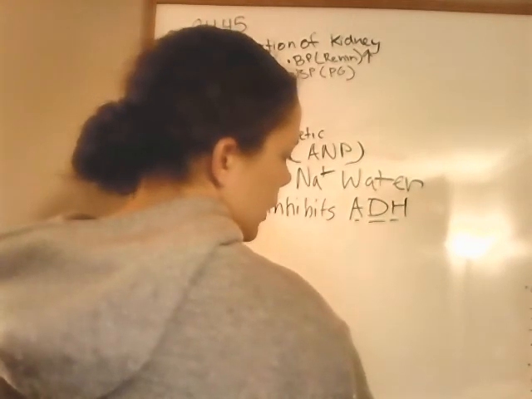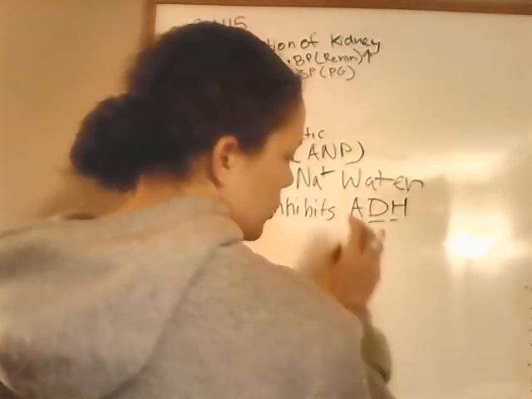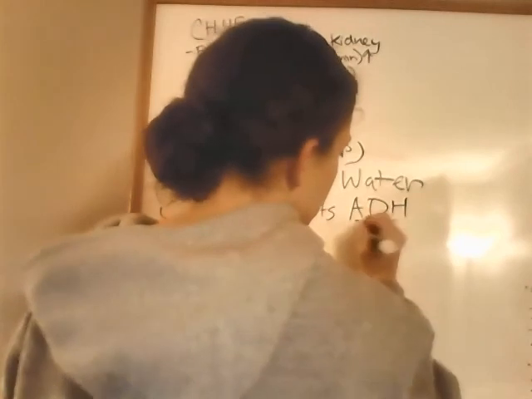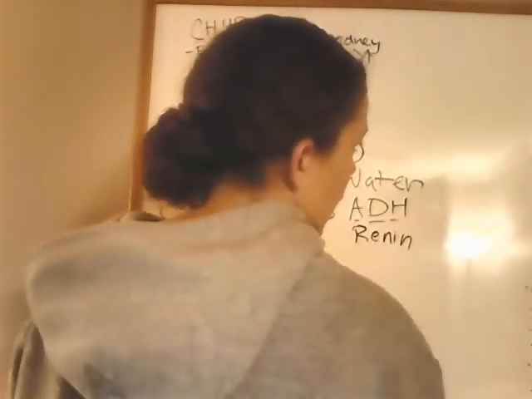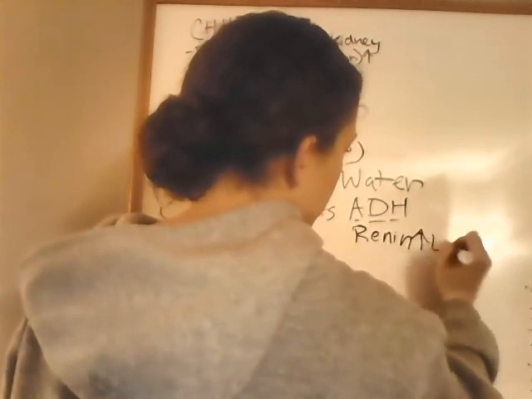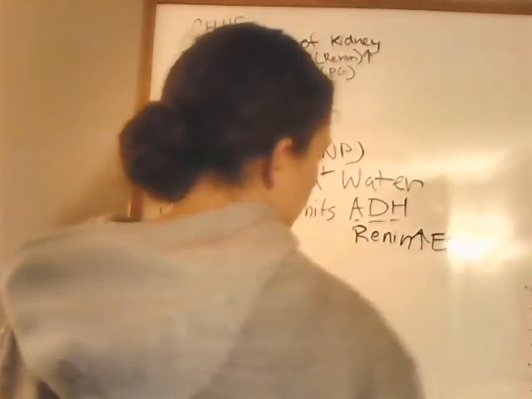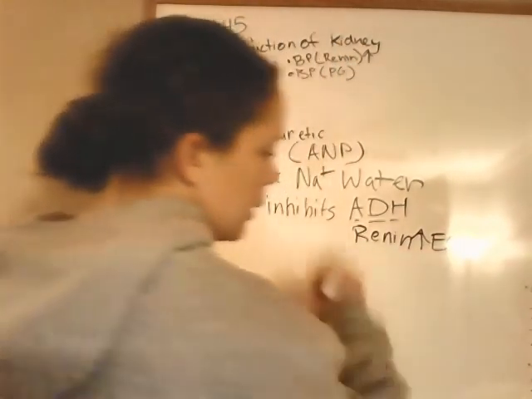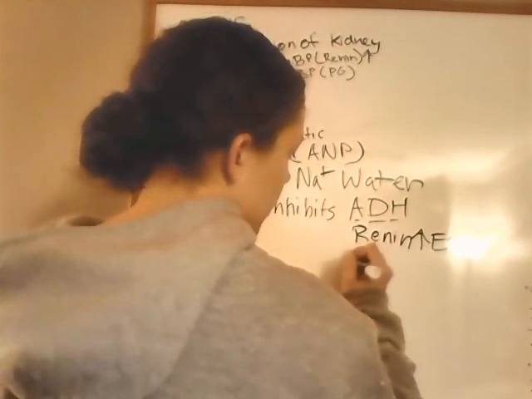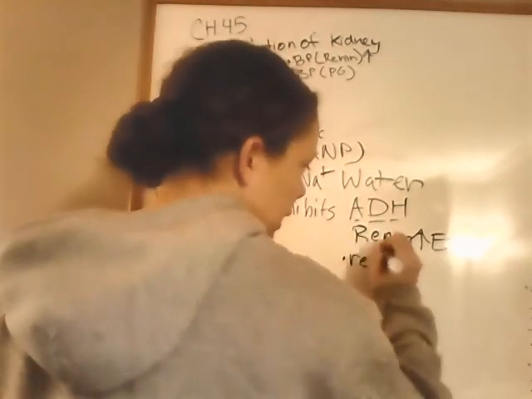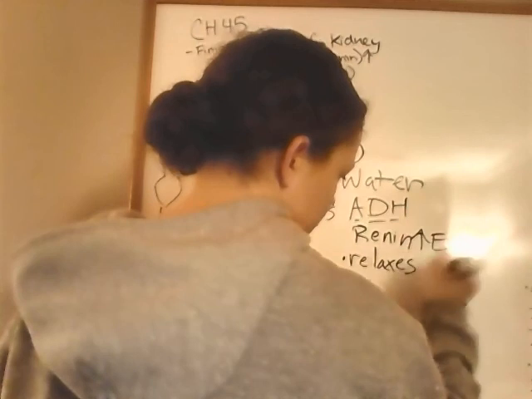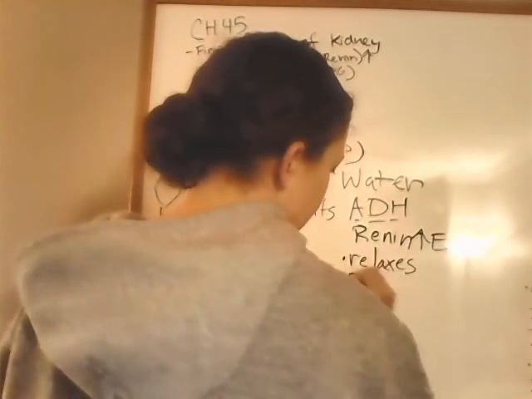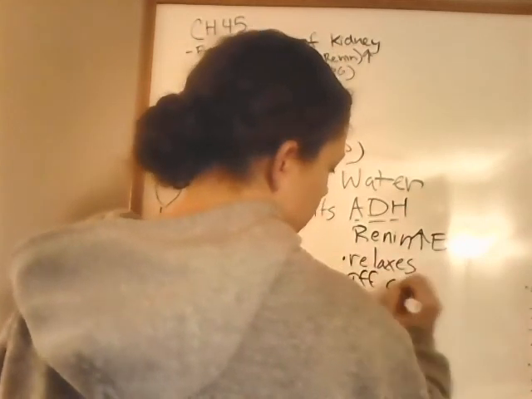So it's going to affect your antidiuretic hormone and your renin, which, if you can remember back to renin from a second ago, is going to increase that extracellular fluid. All right. It's also going to relax, and that's why I went back to that afferent arteriole. It's going to relax that afferent arteriole.